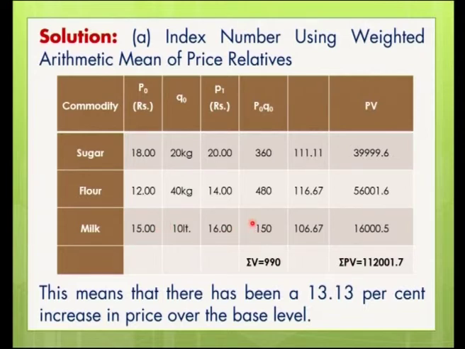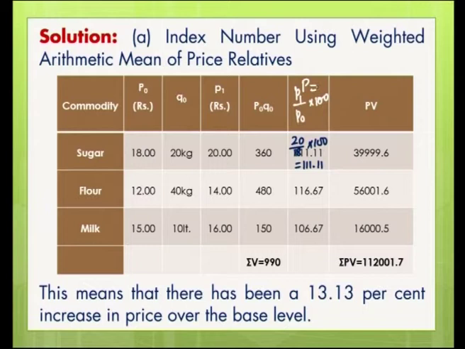The next column is P1 by P0 into 100, that is 20 by 18 into 100, which is 111.11. So, this is the capital P value. Capital P is equal to P1 by P0 into 100.